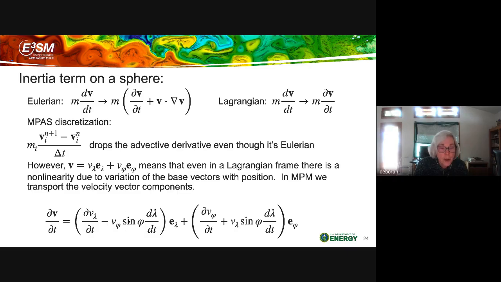So there are these metric terms, if you like, that come into the inertia term, even in a Lagrangian frame. This is parallel transport of the velocity. Basically, on the sphere, the velocity is in the tangent plane, and as a point moves, you're moving from one tangent plane to the other. The base vectors are changing, and so you have to adjust the components for that.